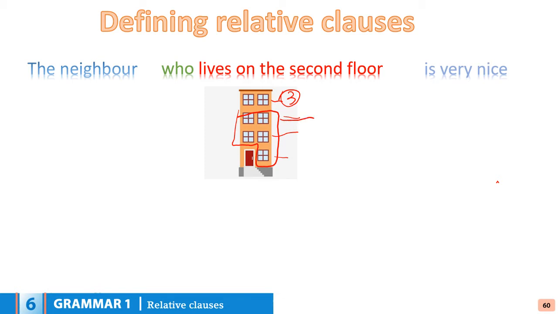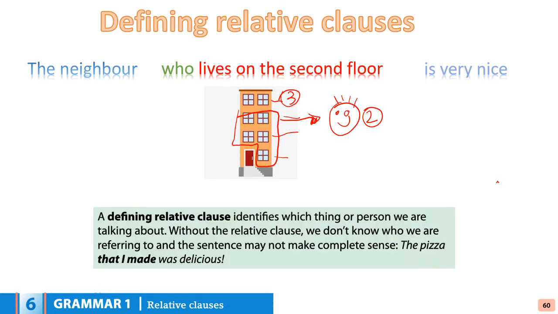Oh, yeah, I get it. Okay, thank you. Relative clause defining. I know who you're talking about. You're talking about the neighbor who lives on the second floor. Get it? So, a defining relative clause identifies which thing or person we are talking about.